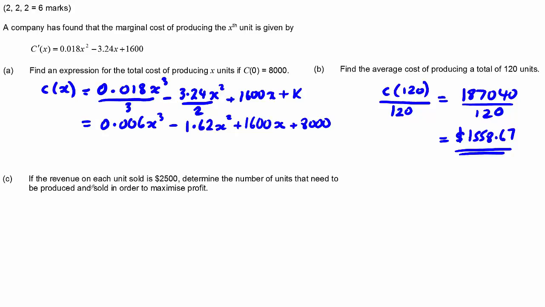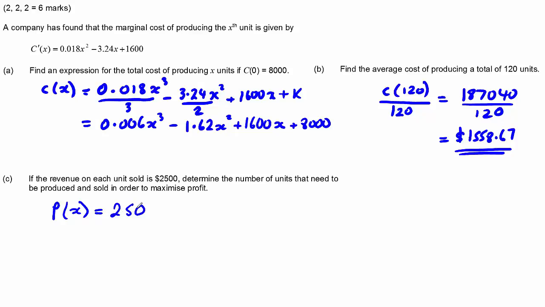If the revenue on each unit sold is $2,500, determine the number of units that need to be produced and sold in order to maximize profit. So we know that the profit function is going to be the revenue function take away the cost function.